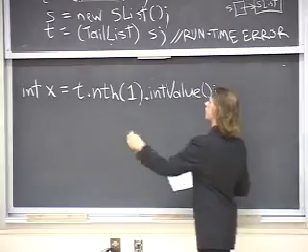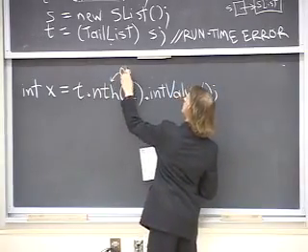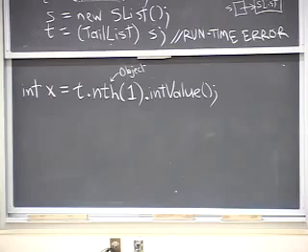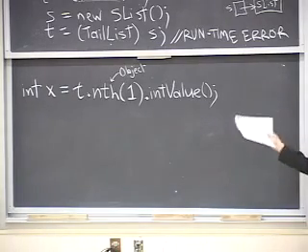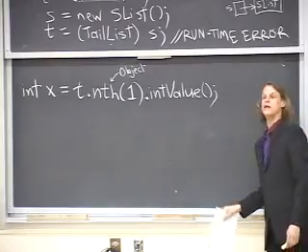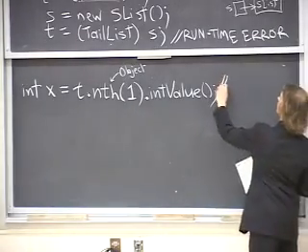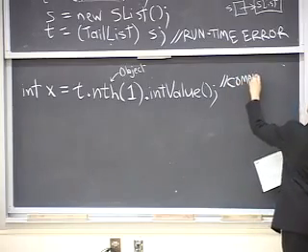You see, nth returns an object, and intValue is not defined on all objects. intValue is defined on integers specifically. So this is a compile time error. Not every object is an integer object.